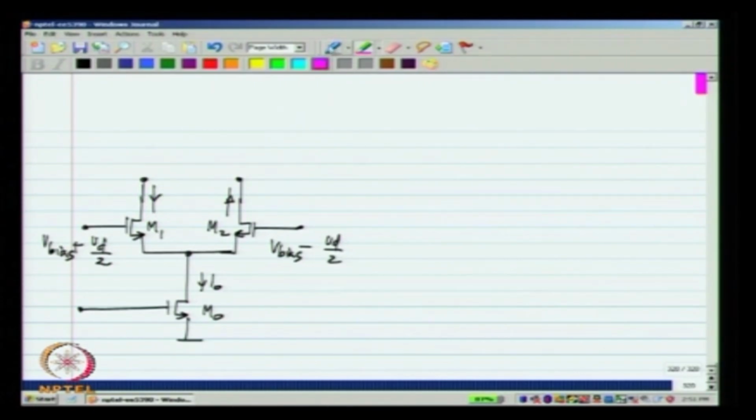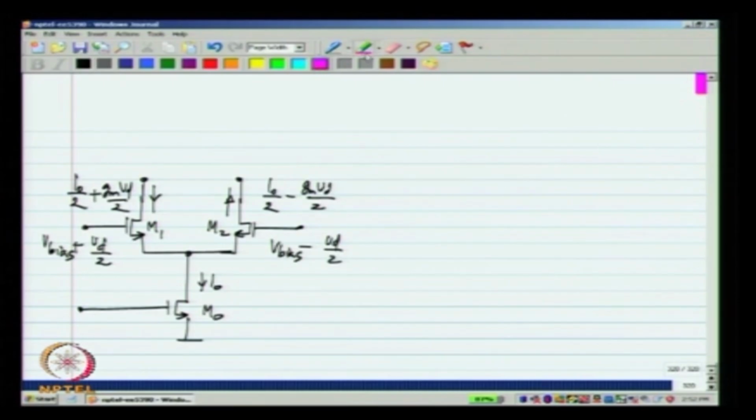Okay. So, here we get a total current of I naught by 2 plus Gm Vd by 2, and here it is I naught by 2 minus Gm Vd by 2.